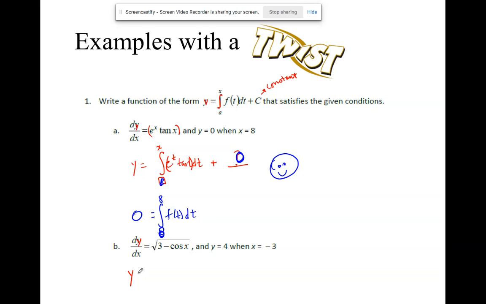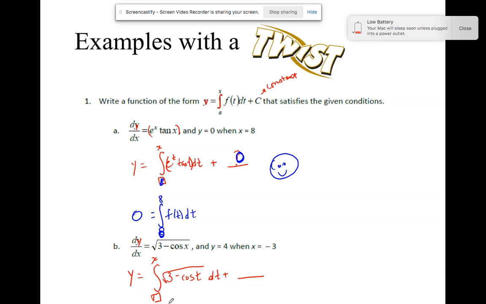So they want me to write y is equal to something to x of 3 minus cosine, got to use my dummy variable. I don't know what goes in this space, and I don't know where to start the accumulator.